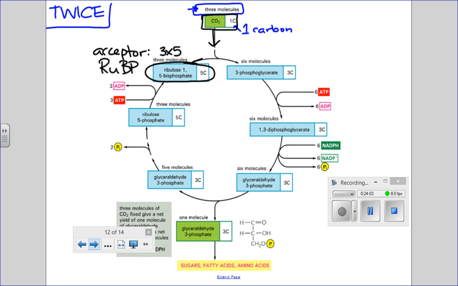So once these 2 things join, CO2 comes in, and RuBP accepts it, I get a molecule whose name I'm not super interested that you know or that you can repeat, but I get a molecule called 3-phosphoglycerate. There are 6 of them, and each of them have 3 carbons. So see how I have 18 carbons. So all that happened there was my molecules rearranged themselves. I still have the same number of carbons, but instead of 3 big molecules, now I have 6 smaller ones.